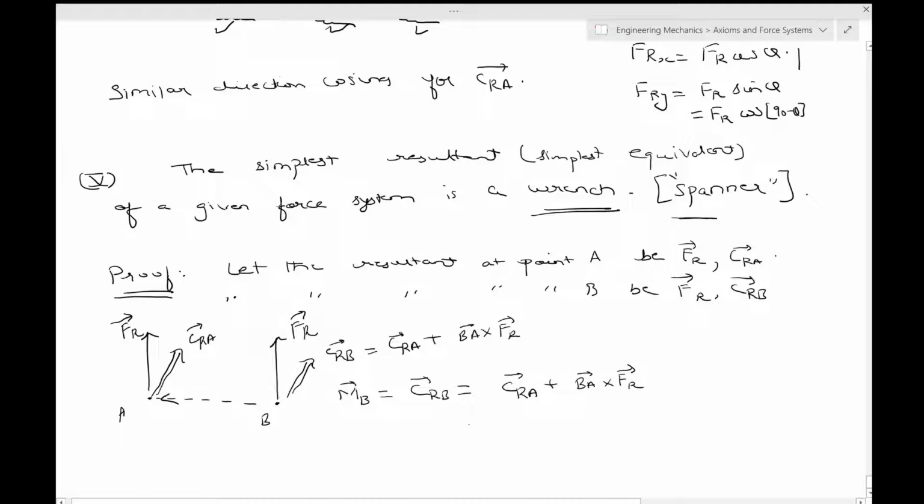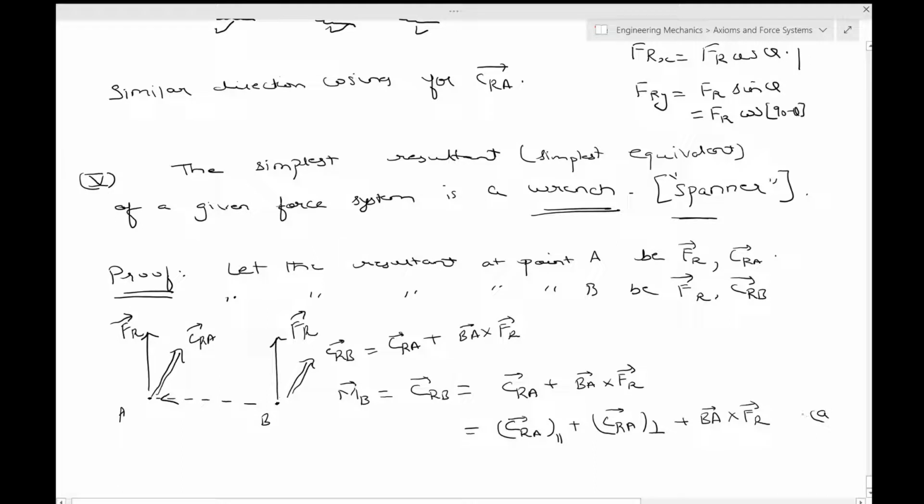Now I want to break up CRA into a parallel and perpendicular component. So this is CRA parallel plus CRA perpendicular plus BA cross FR.